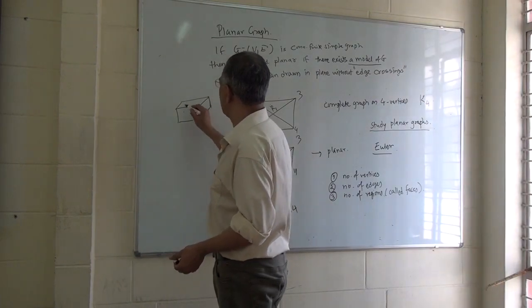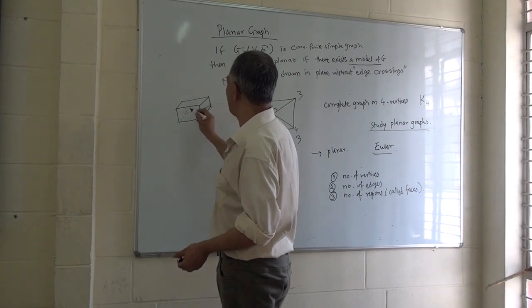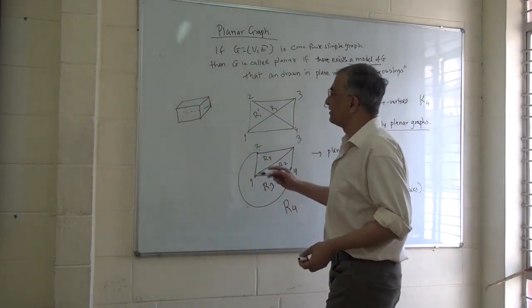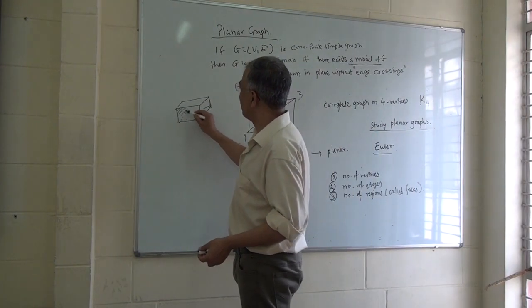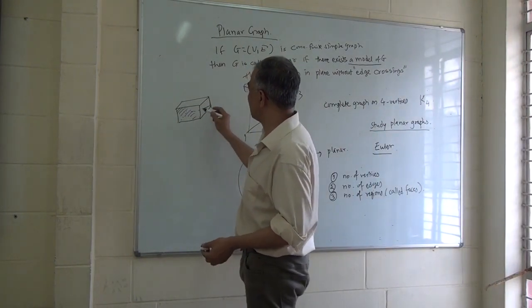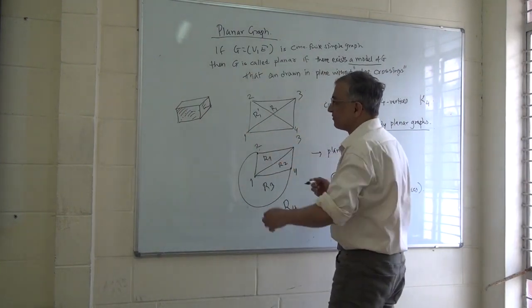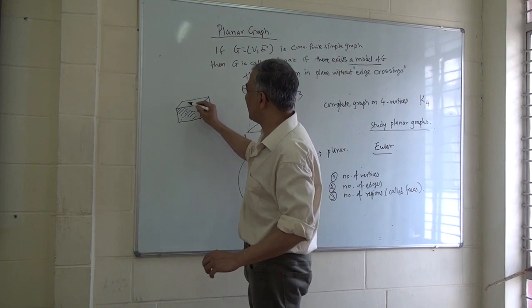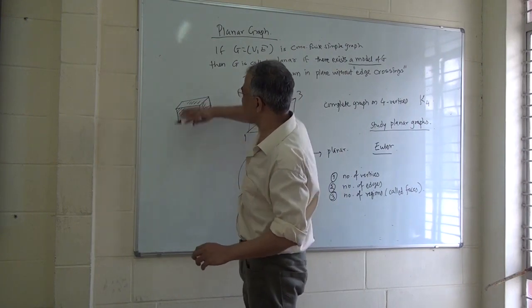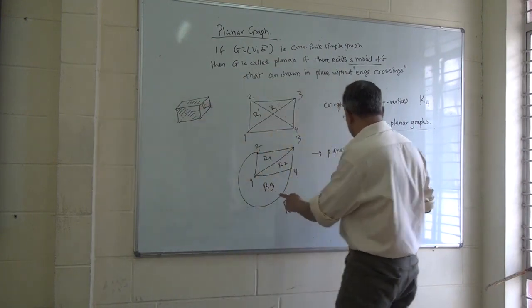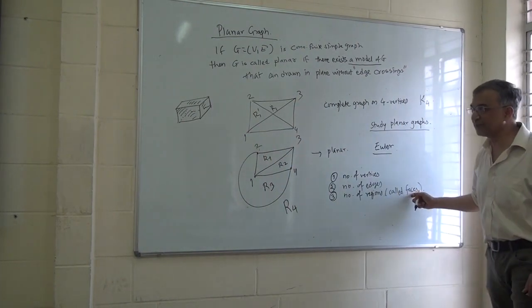This looks more like a cube. These dotted lines are on the other side. And then each one here is a region. This is a graph in R3, a 3D graph, not 2D. Here this is a 2D graph. But never mind that. Each region is like a face of this cube. So the same word we use even for 2 dimensions. That's the motivation for this.